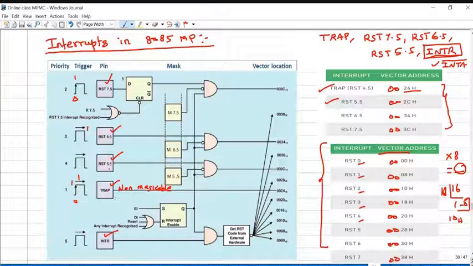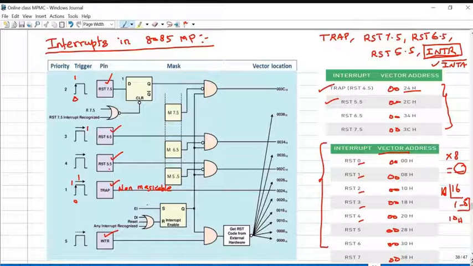Apart from this, all the others, RST 7.5, 6.5, 5.5 and INTR, are maskable interrupts. Maskable means the programmer can disable the particular interrupt while writing programs.